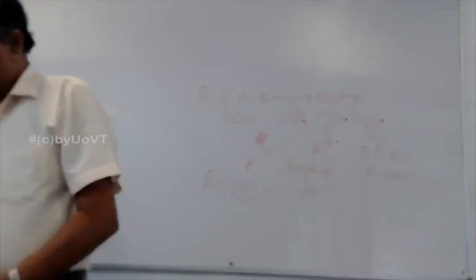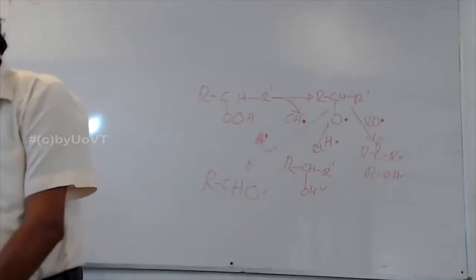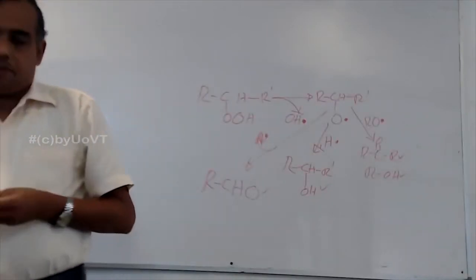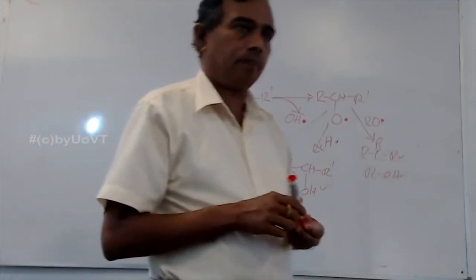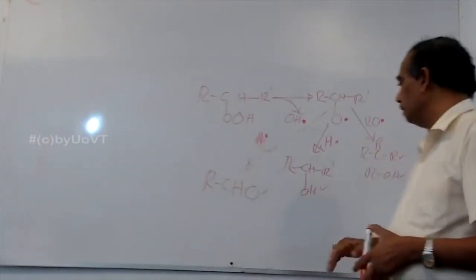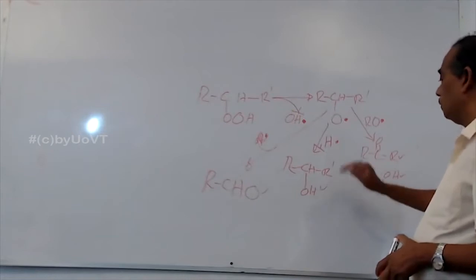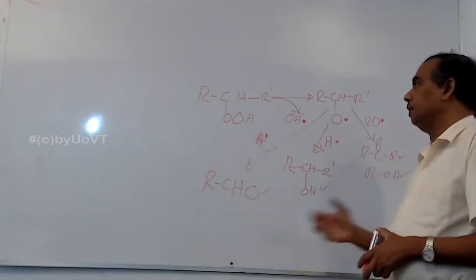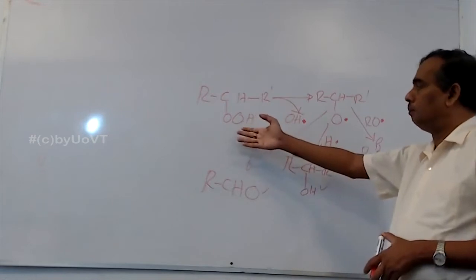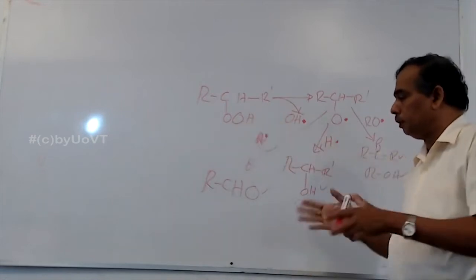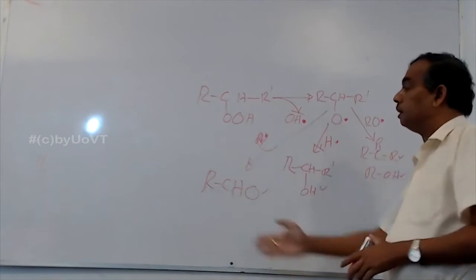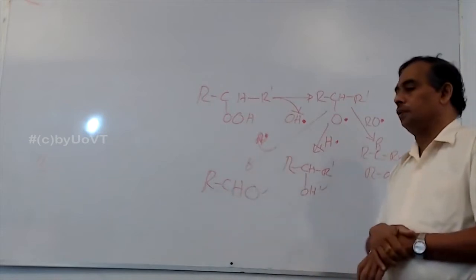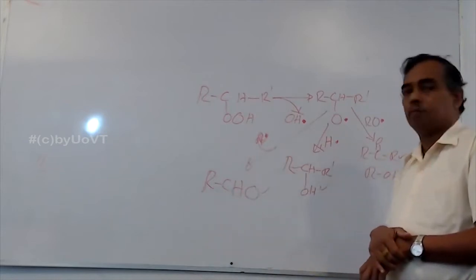Due to the terminal oxidation step, there is formation of low molecular weight compounds like alcohols, aldehyde, and ketone. Initially, we have a high molecular weight compound, and it breaks into smaller compounds like this. This is the terminal step of the auto-oxidation.